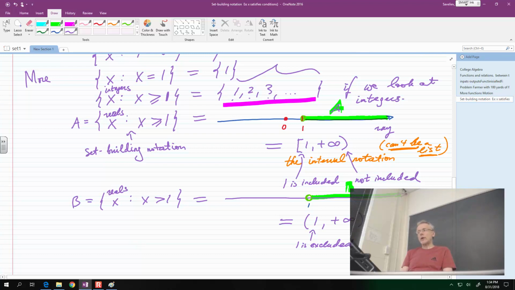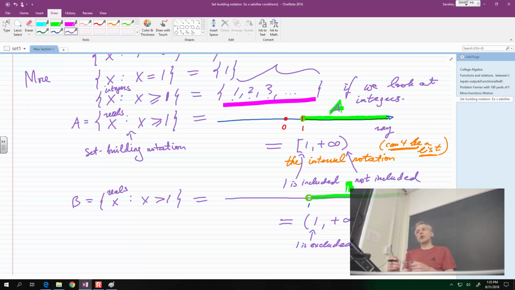Why do I not include infinity? There is no stopping point. That's true. But I'm trying to explain the notation, so it would make sense. So, like I said, exclude bracket, exclude parentheses.